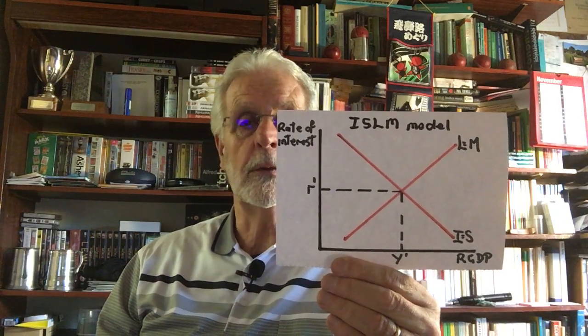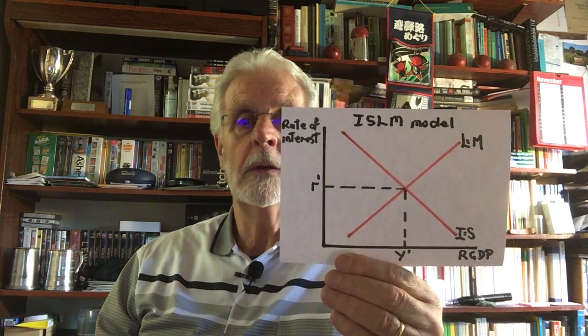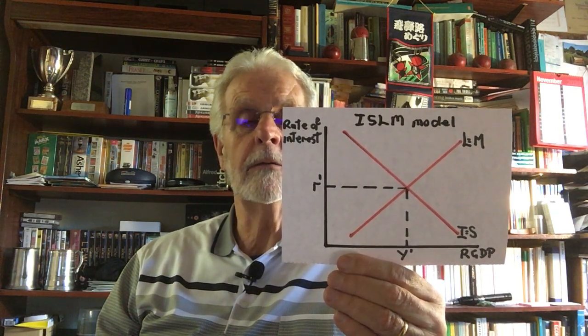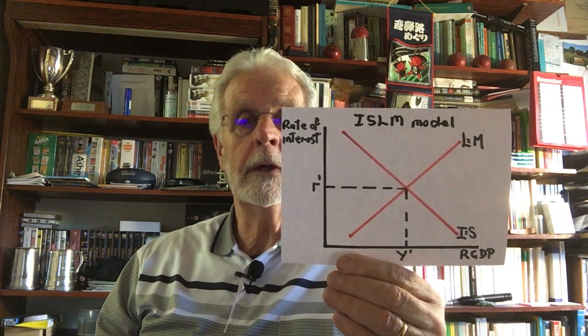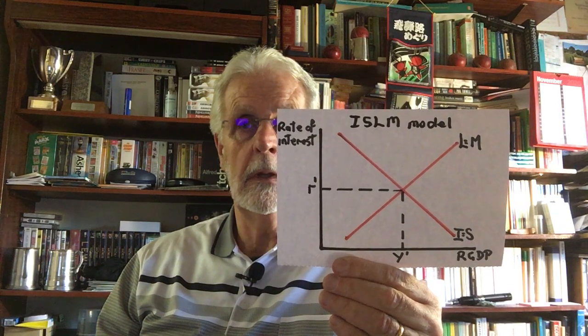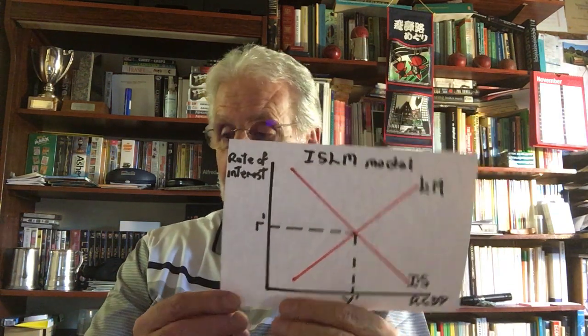Again, just what economists like, isn't it? Two curves that cross, where you get a rate of interest and a level of national income which creates that equilibrium rate of interest. So that was a third theory, if you like, of interest rate determination.